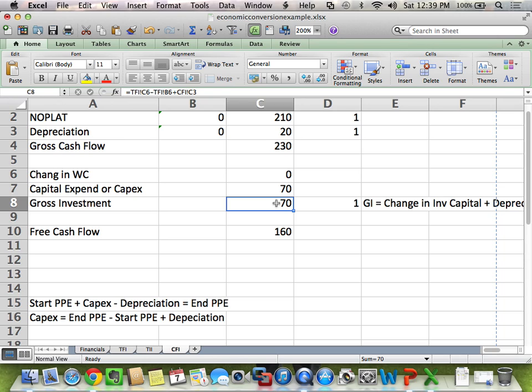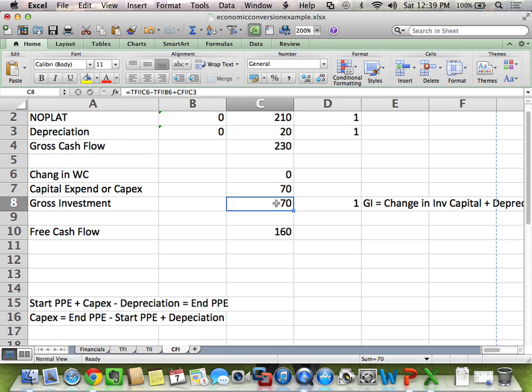So it's really just a way of not having to make an adjustment for impaired assets by having to go look at another statement, by basically back solving for what the Capex had to be. 7 out of 10 times the Capex that we solve for will be the Capex that's reported, but 3 out of 10 times the Capex that's reported is different than the Capex the company had because they've impaired assets and they didn't go back and adjust depreciation.